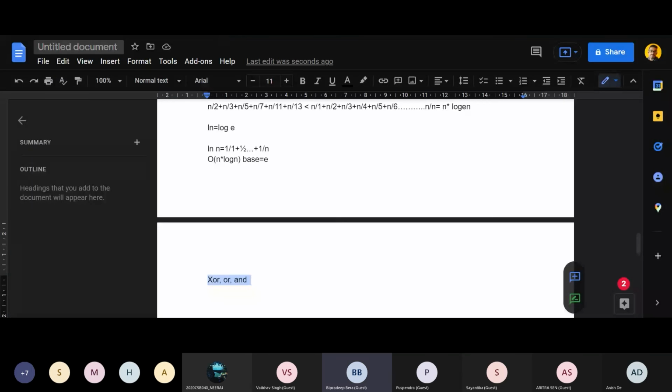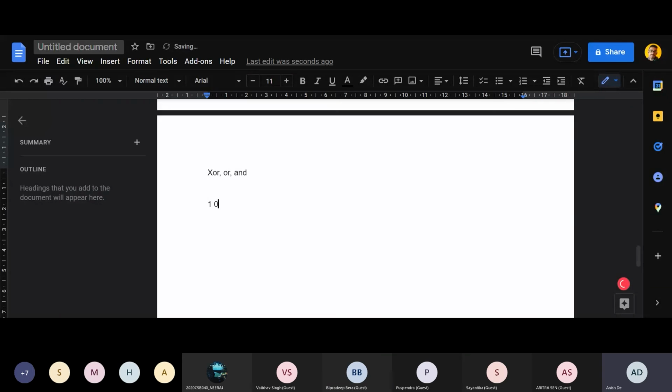These are basically some bitwise operations. Like these are gates. If we give two values, it will give an output. So let's say we have values 1 1, 1 0, 0 1, and 0 0.